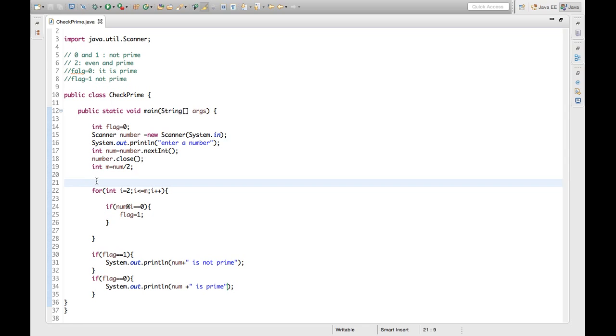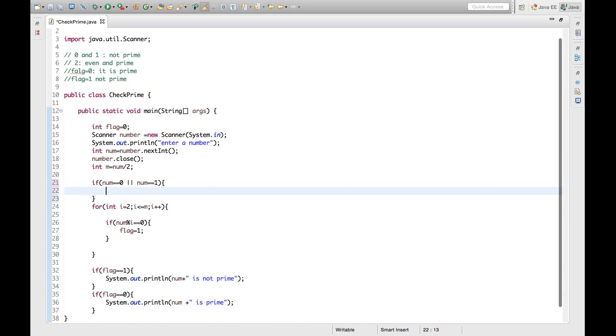So here we will check if num is equal to 0 or num is equal to 1, then set flag equal to 1.